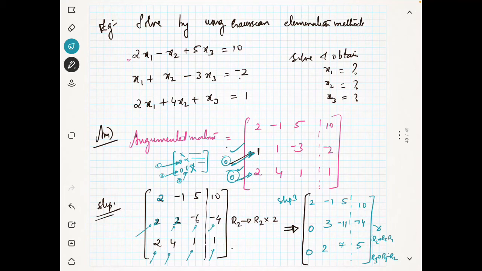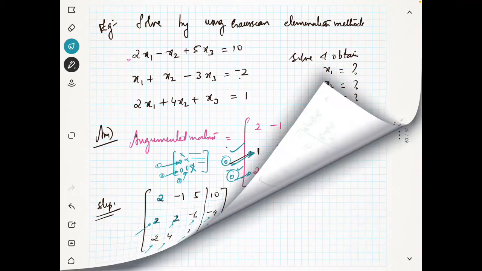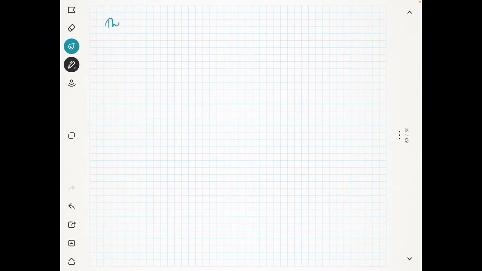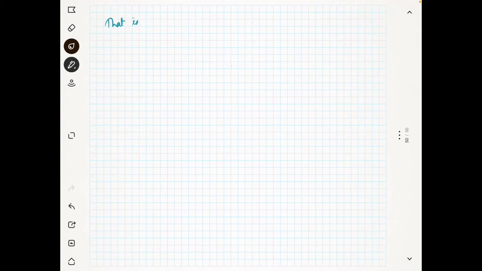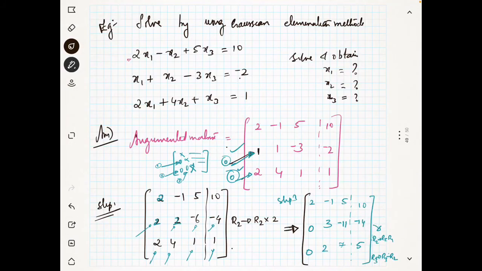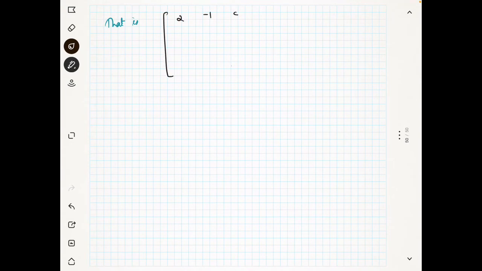I am going to rewrite it on the next page. I will get 2, minus 1, 5, and 10, no change.